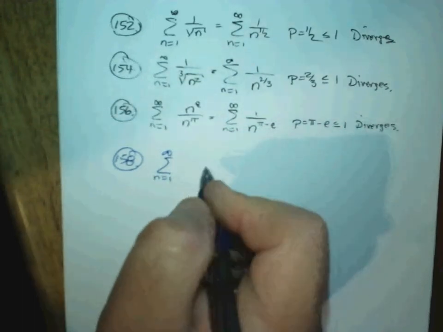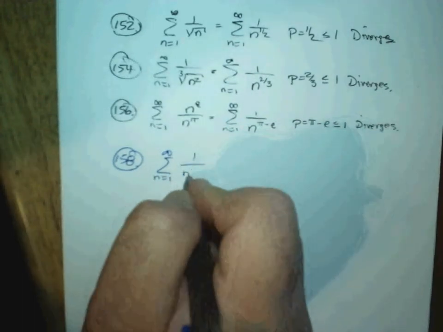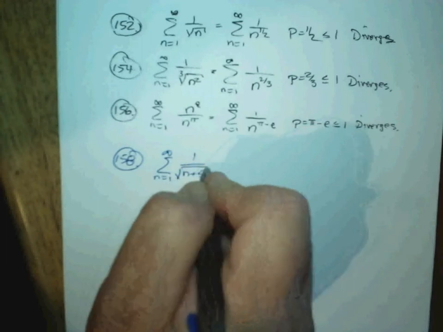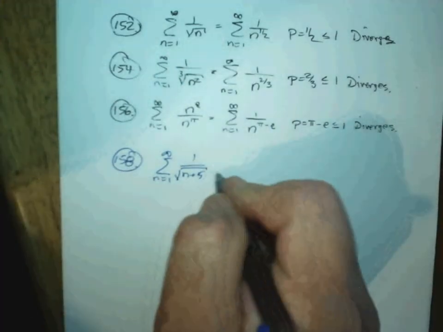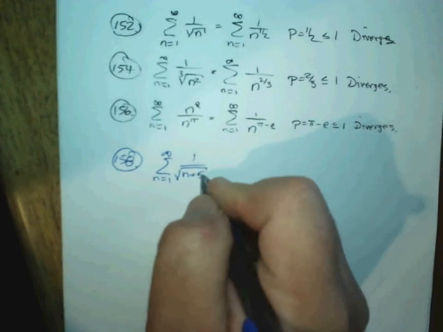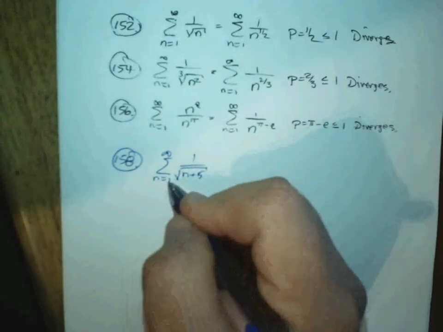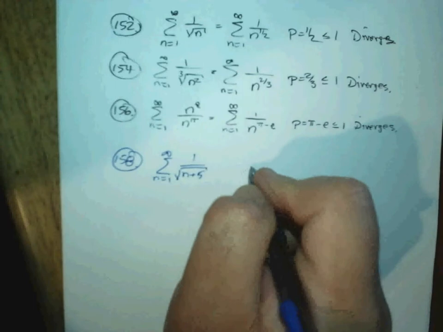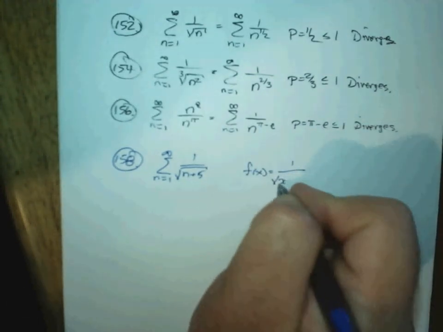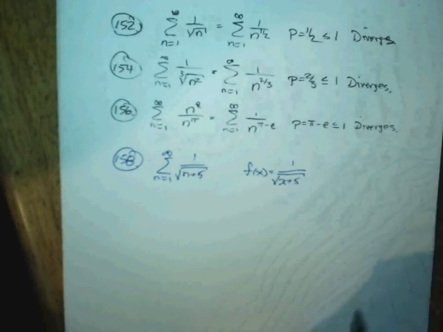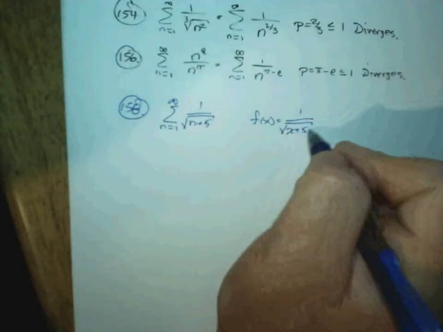All right. So in 158, n is from 1 to infinity, 1 over square root of n plus 5. All right, so they're asking us explicitly here, use the integral test, nothing else, to determine what this is doing. Okay? So that means I'm noting that 1 over square root of n plus 5 is a positive expression. Therefore, I'm going to represent it with its continuous version.